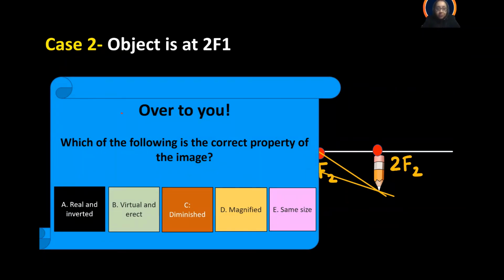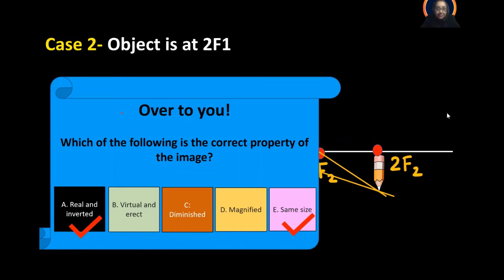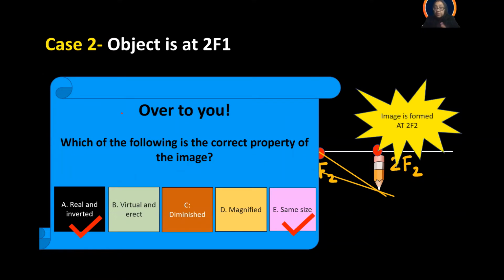Come on, students, participate, and I'm hoping that you are giving the right answer. The right answer is real and inverted, and it is of the same size as the object when it is placed at 2F1.